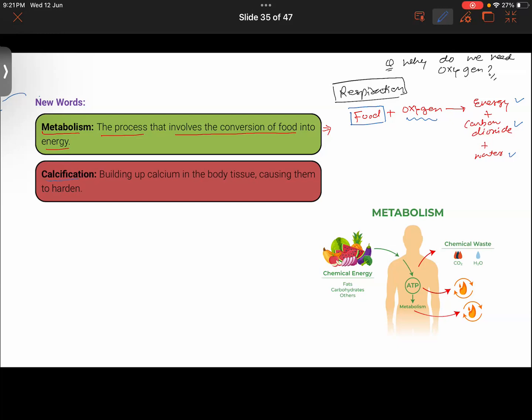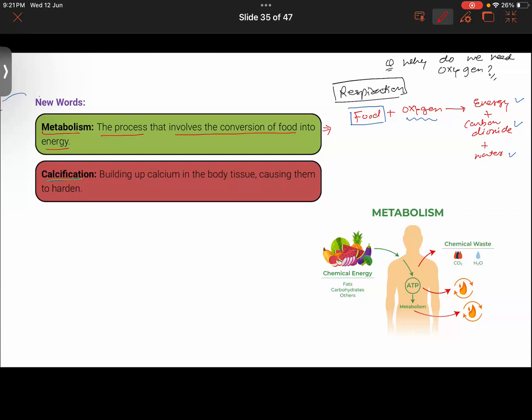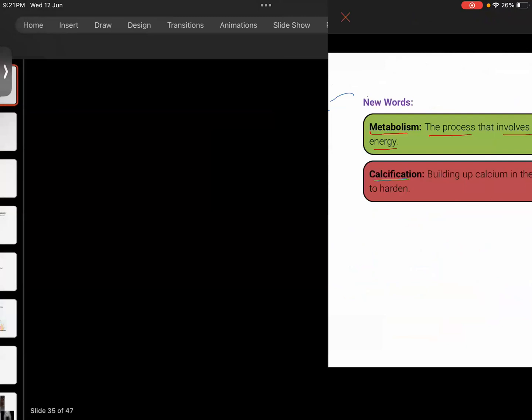Furthermore, there's a term called calcification. This term basically means that in your body, sometimes calcium will start to accumulate. The calcium will start to develop inside your body, and it will become very hard. Have a look at this image, that should give you better clarity.